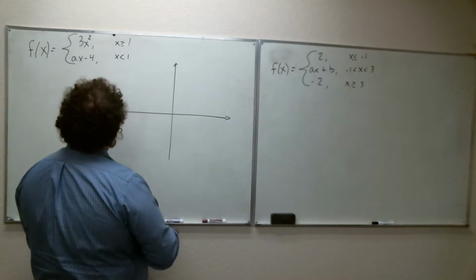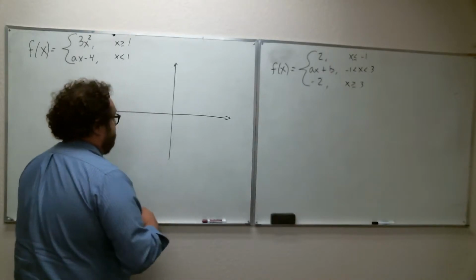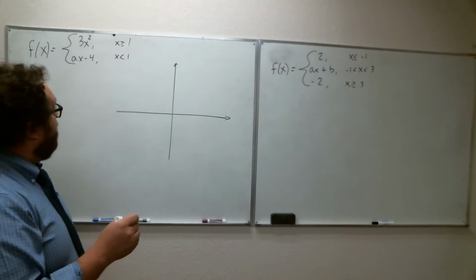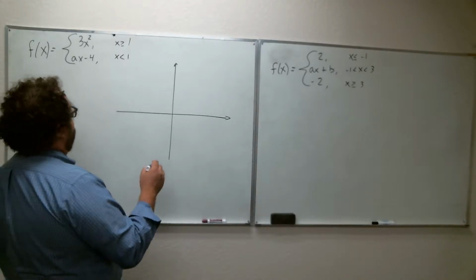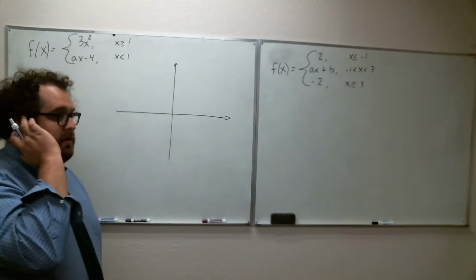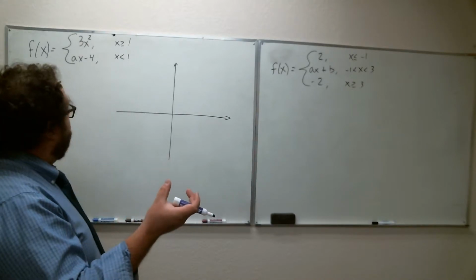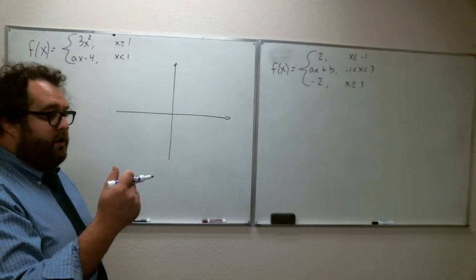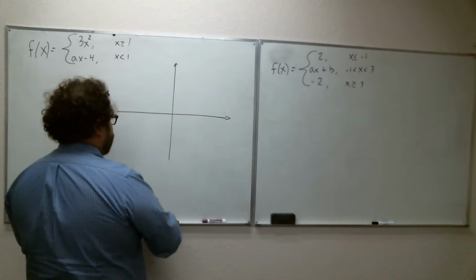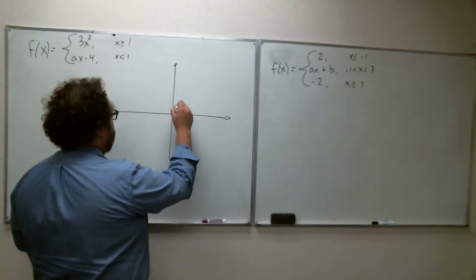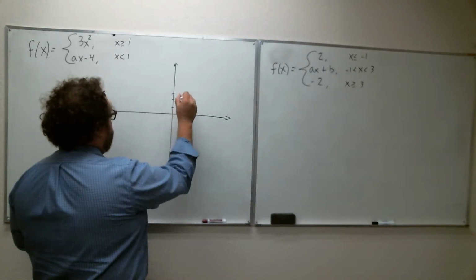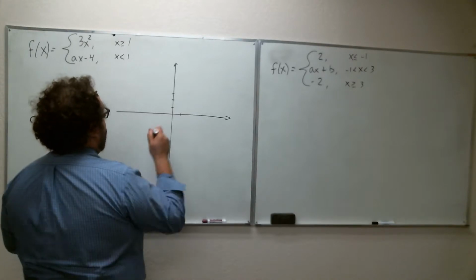So we have a vertex. Let me change over to a new color. Let's do this in purple. The vertex is at 0, 0. Now let's just pick another point on the graph. If you plug in 0, the y value is 0, so 0, 0 is there. If you plug in a 1, you get 1, 3. So 1, 3 is on our graph.